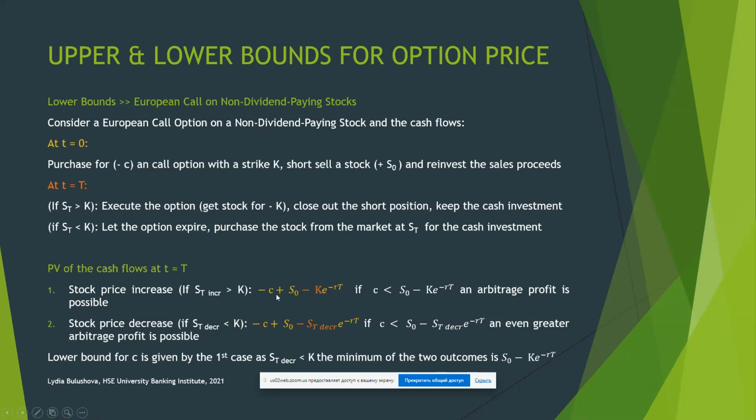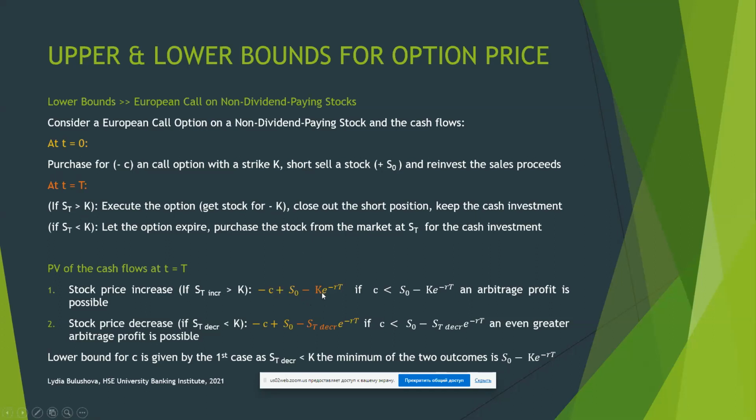And as soon as I have purchased the call option, I knew that at expiry date I will get stock for K. So at time t, I get my stock for minus K, and that's why I have minus K here.